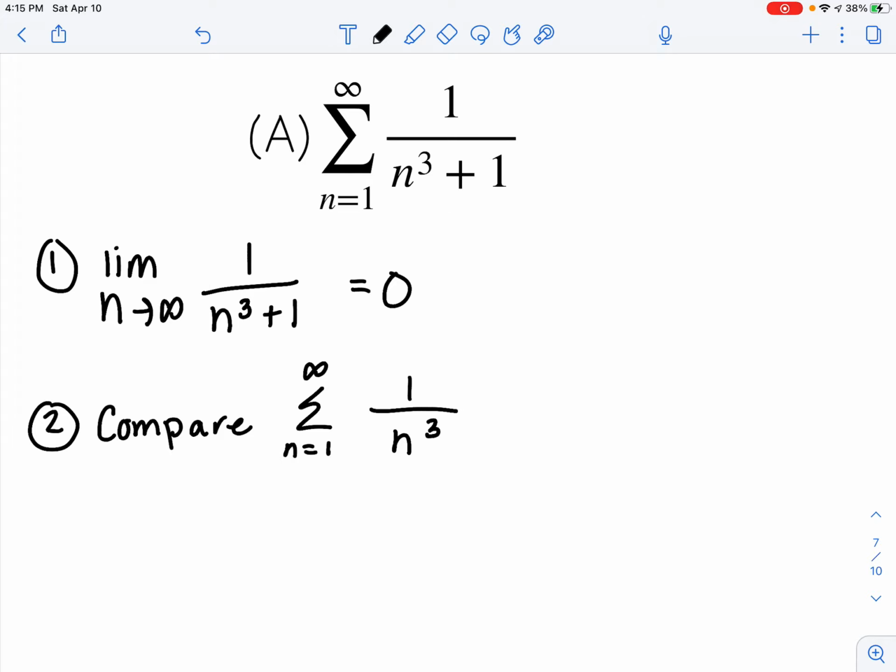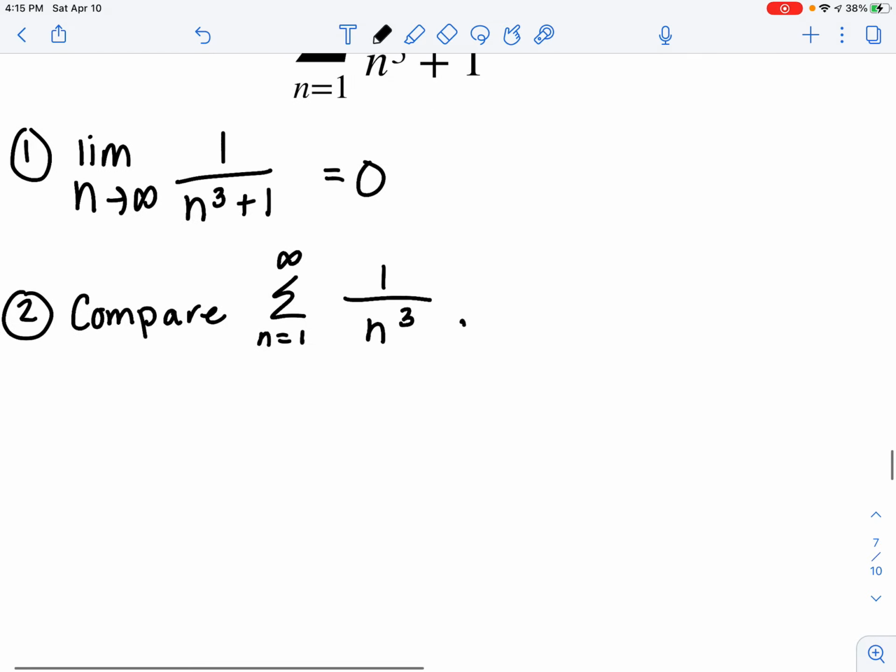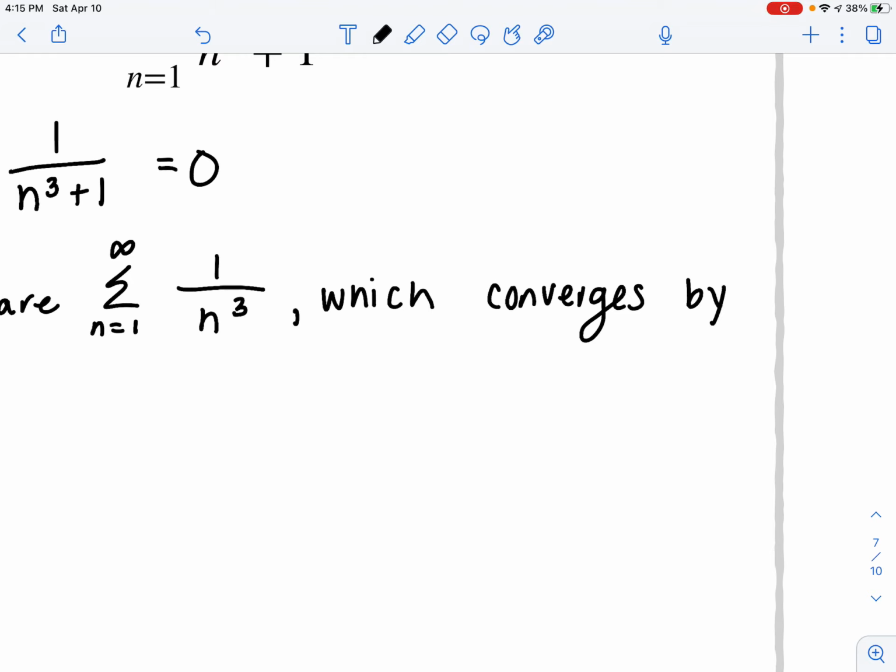And we know, because this is a p series, right? And the exponent is bigger than 1, right? 3 is bigger than 1, right? We can say this converges by the p series test. Right, p is greater than 1.